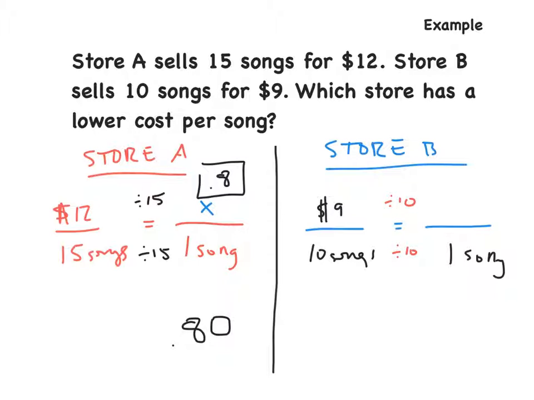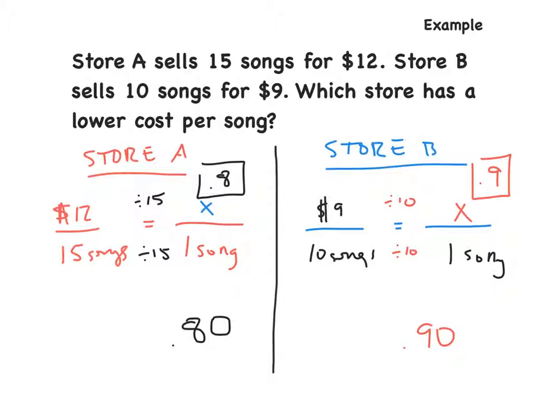So $9 divided by 10 is equal to 0.9 or 9/10, but remember we're talking about money. So it's not 9/10, it is 90 cents.